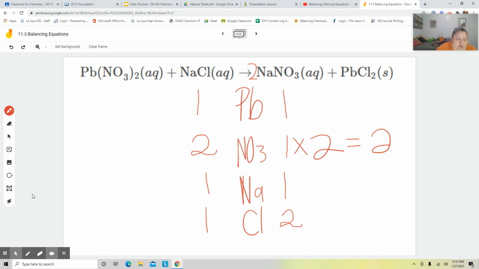So, who else is connected to nitrate that got affected? Who else got multiplied by 2 other than the NO3? Who else is attached? Na. Very good, Miss Diamond.